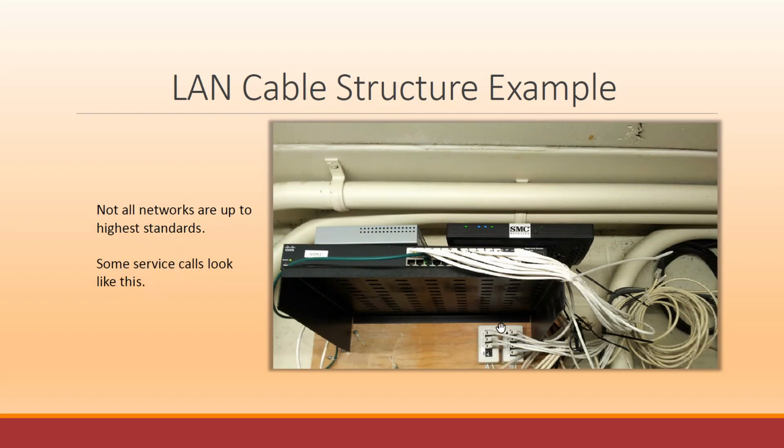We see something that looks like a makeshift patch panel, and there are wires coming out of it. 1, 2, 3, 4. 4 wires coming out of that one. 1, 2, 3, 4. 4 wires coming out of that one. The other end of these wires goes to wherever the desktop locations are, PCs or whatnot. Right? Over here, we have the patch cables connecting us to a switch. All right, so everything works.